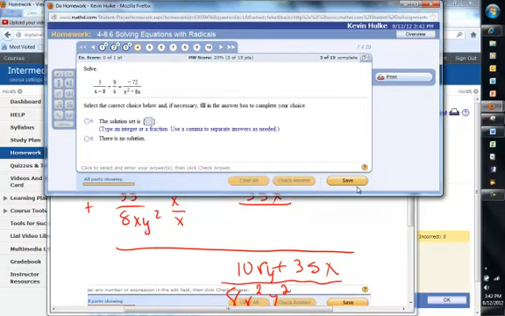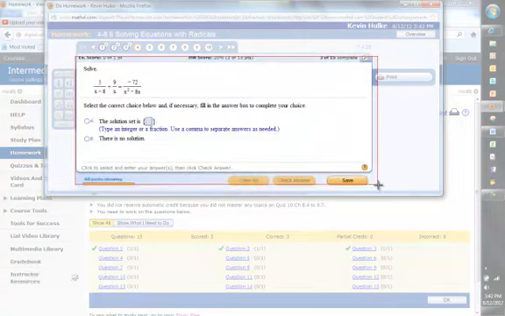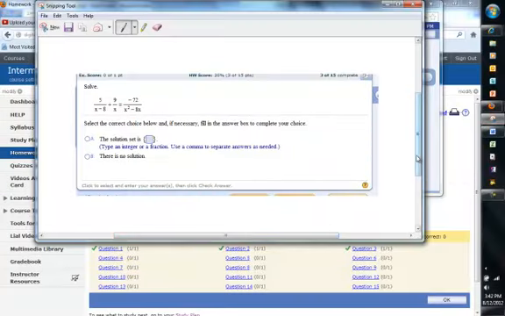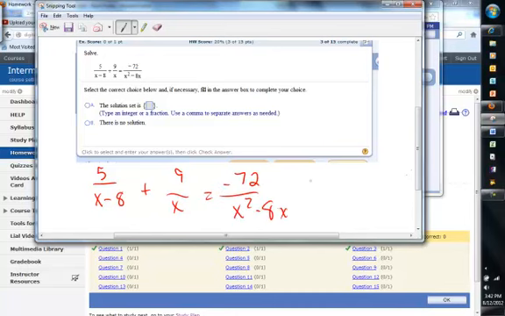Number 4, common denominator first. Okay, we have 5 over x minus 8 plus 9 over x equals negative 72 over x squared minus 8x.